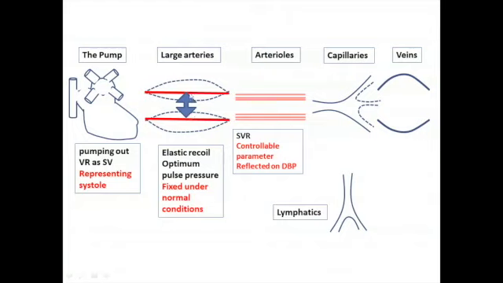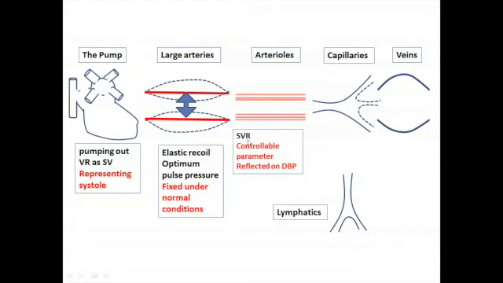If we assume that the aorta and large arteries are very stiff and there is no elastic recoil, systole will be extremely high and diastole will be almost zero. So the elastic property of the large arteries maintains the narrow normal difference between the diastolic pressure and systolic pressure under normal conditions.